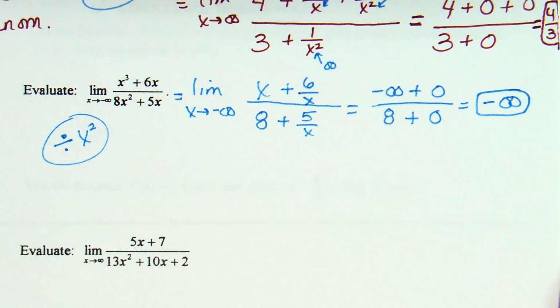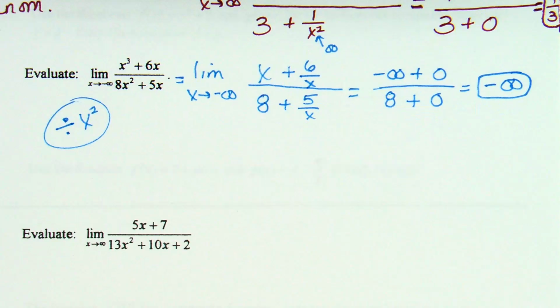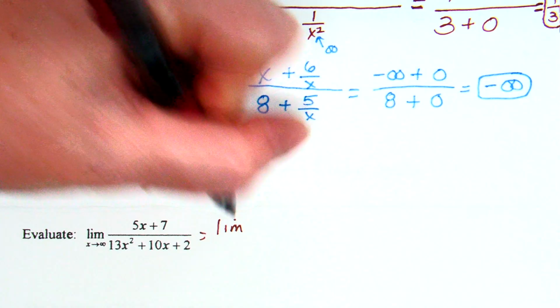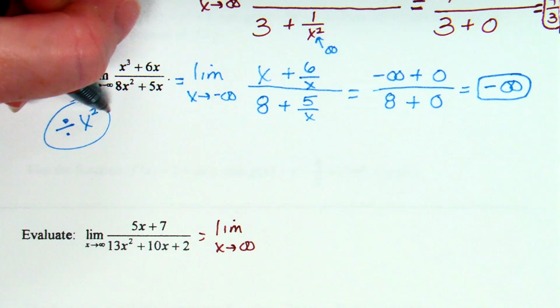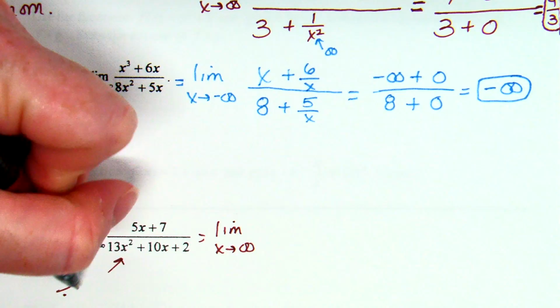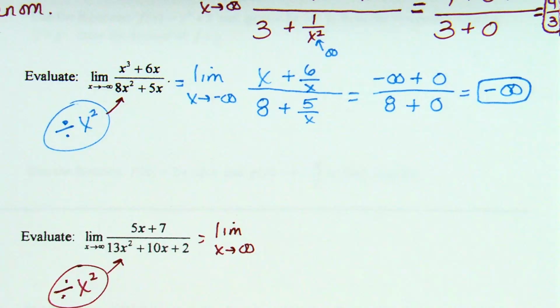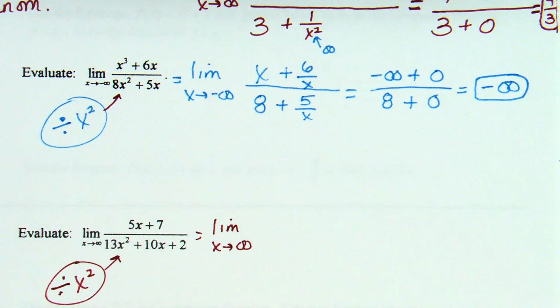Example 3. Again, we are approaching infinity. So, when we're approaching infinity, we're going to divide everything by what? X squared, the highest power in the denominator. I'm tongue-tied today. So, write out what they are, cleaned up.